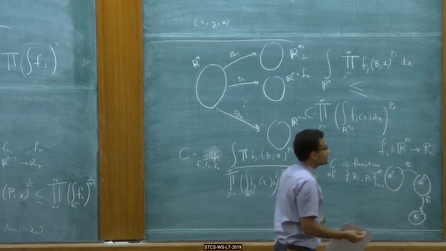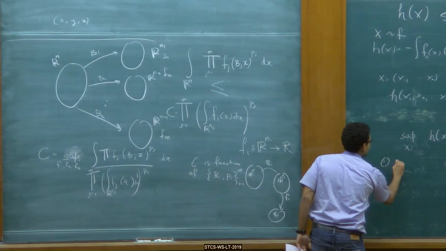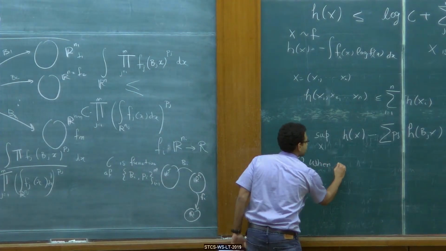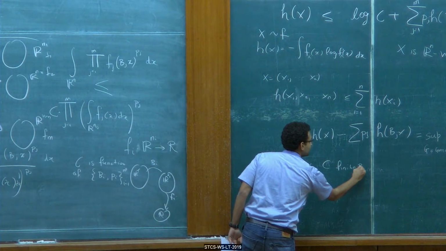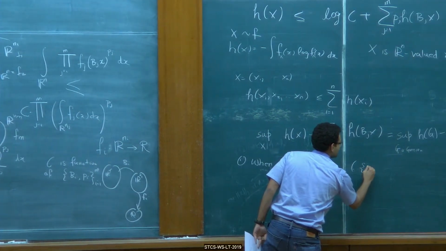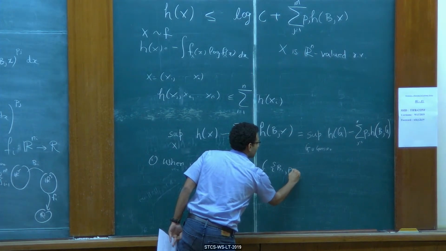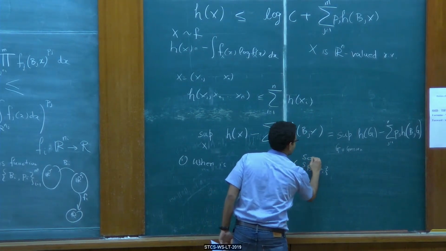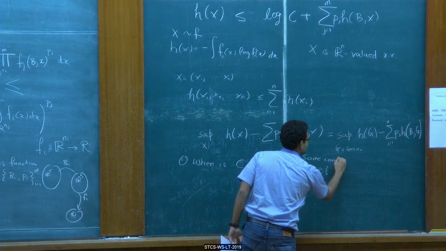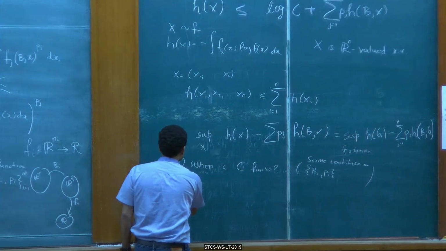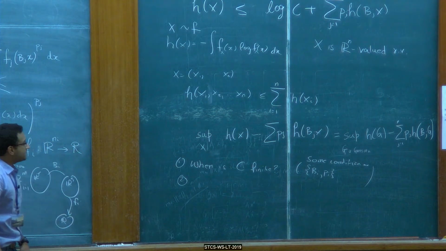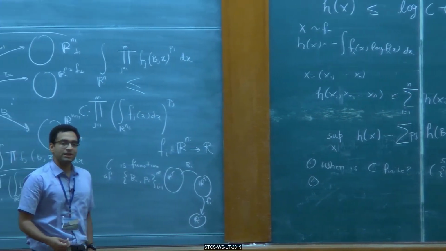So there are some questions that haven't been answered. So when is C finite? This will require some conditions on the BIs and the PIs. The second question is, is the optimal value of C attained?